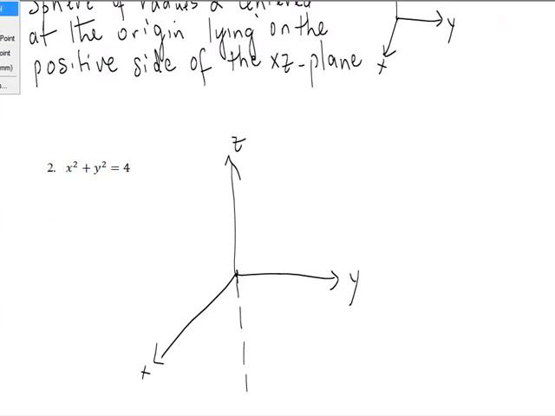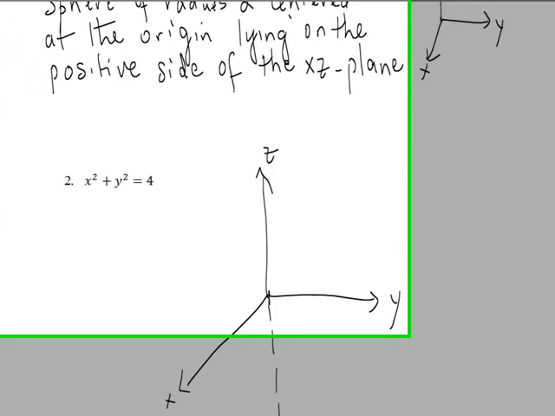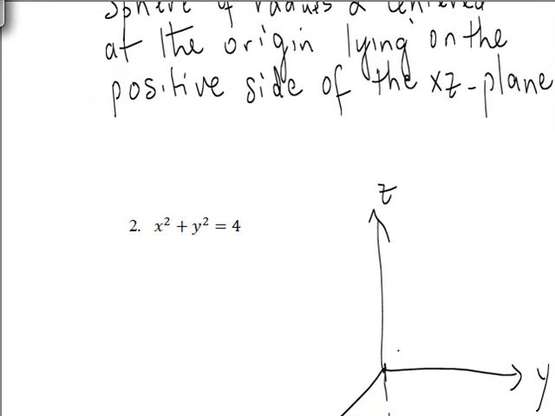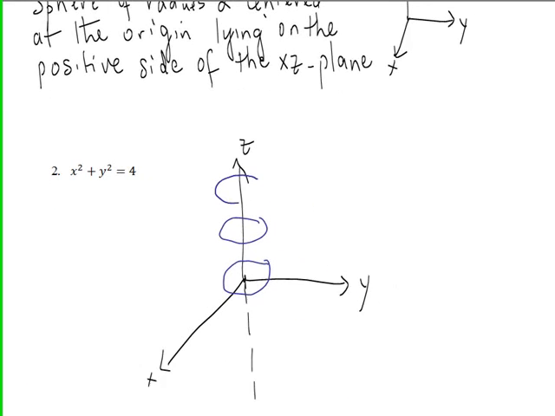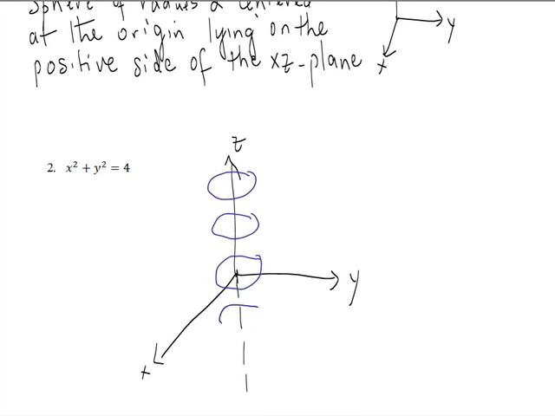So let me use a different color here. So you'll have a circle. Let's start here. Center the origin with radius 2, and you move it vertically. Okay, and then you will form a cylinder.